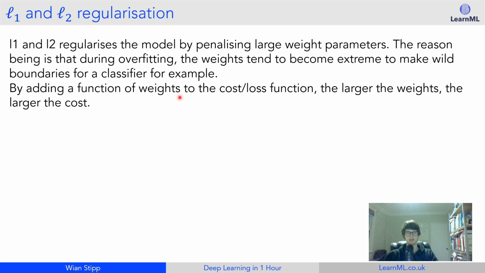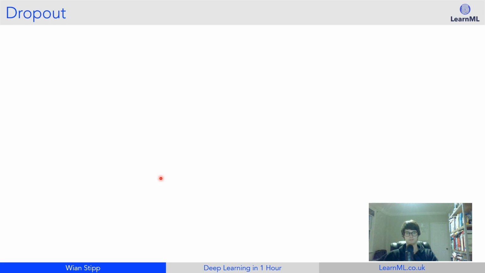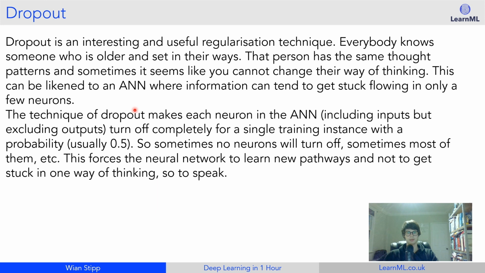So L1 and L2, these are very famous regularization techniques. You just add a kernel regularizer like this into each hidden layer that you want it to act on. Dropout, what it does is a Bernoulli distribution is applied to each one of the neurons with a certain probability, 0.5 usually, and a Bernoulli is 0 and 1, right? That's what it maps to.